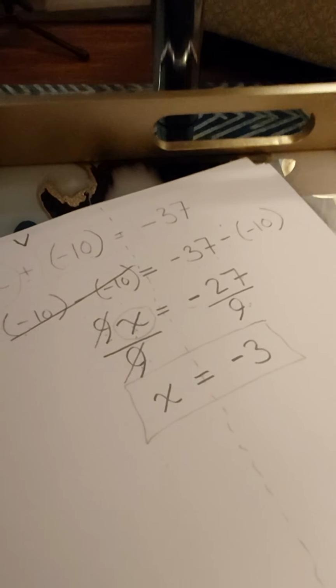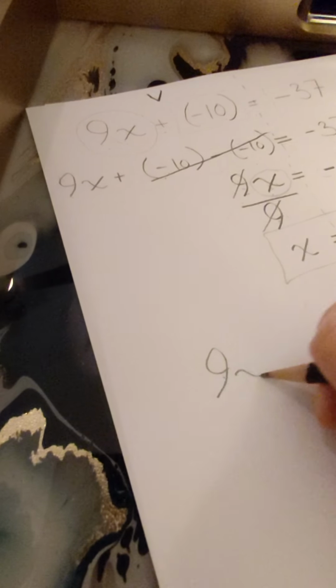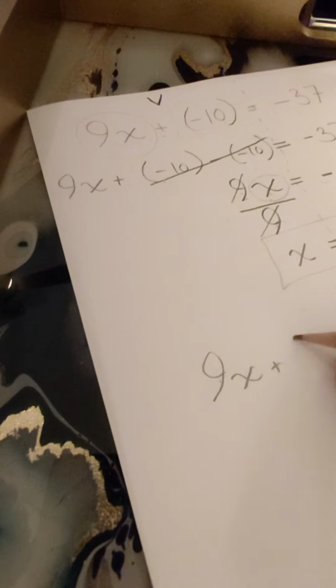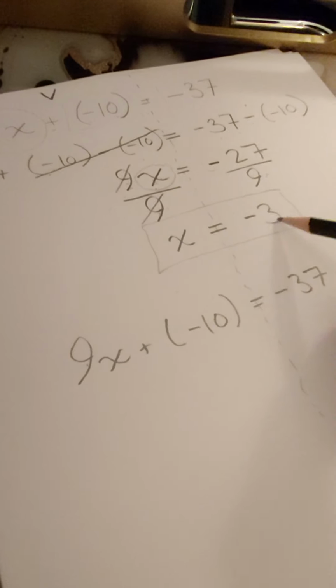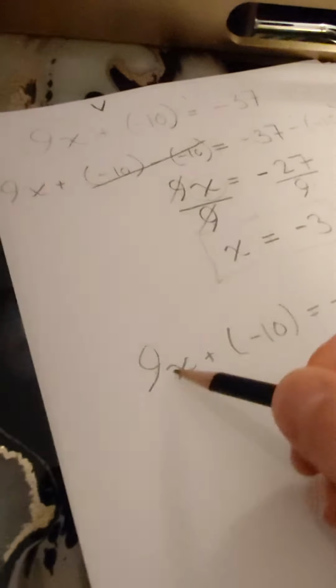Now, how do I know I'm right? There's only one way to prove that, and I have to go back to the original equation. So I'm going to go back to and rewrite it. 9x plus negative 10 equals negative 37. This time I'm going to substitute negative 3 into the equation. I'm going to replace this x with a negative 3.